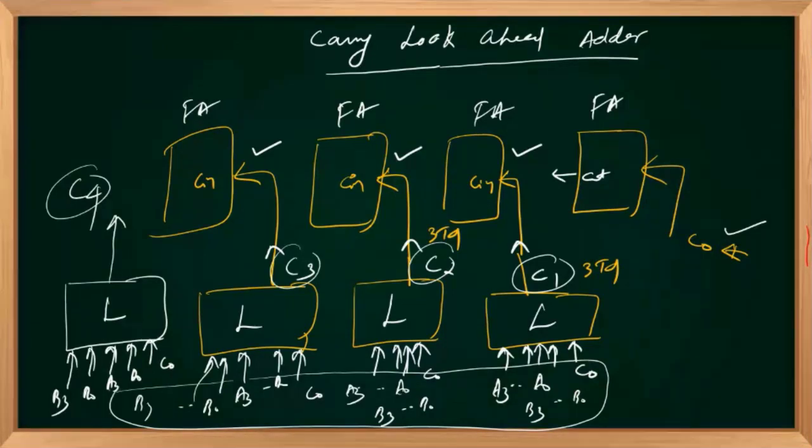So the adders need not wait for their carry in, right? Both carry inputs are available after three time delays, the moment inputs A0 to A3 and B0 to B3 along with C0 are available, right?